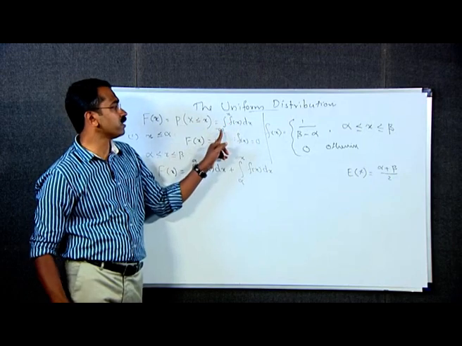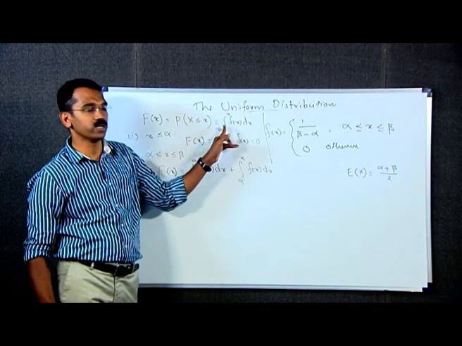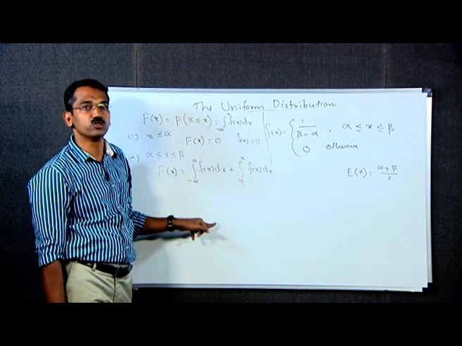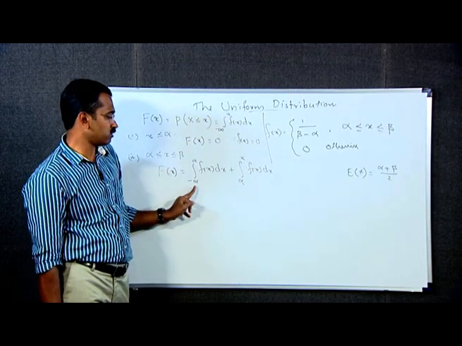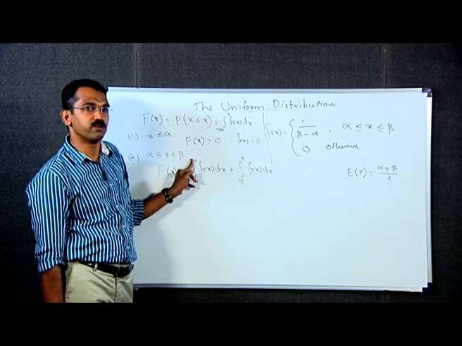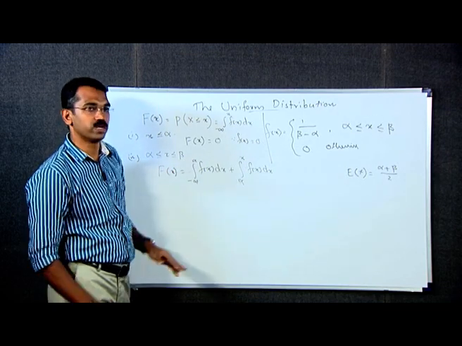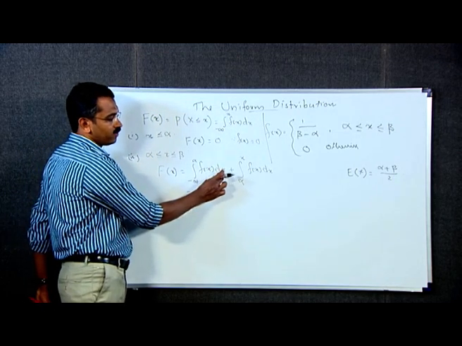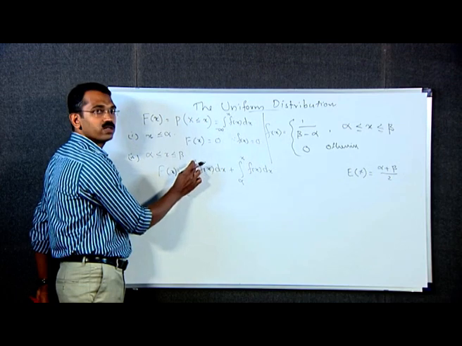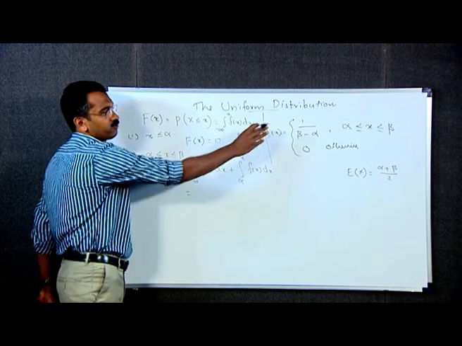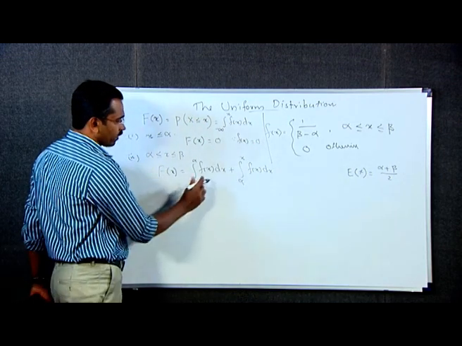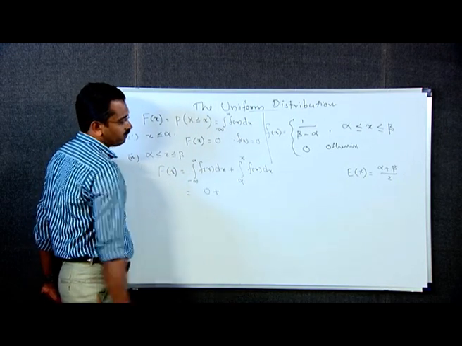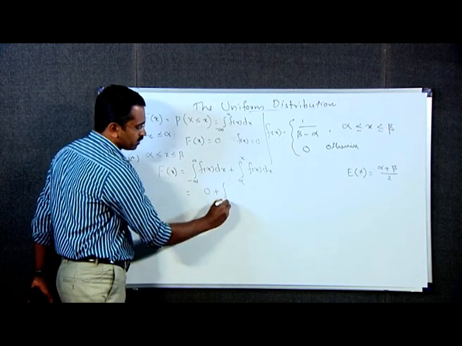This is the definition. The limit is from minus infinity to x. In this case, we can split this limit of integration into two, that is one from minus infinity to alpha and then alpha to x, which is equal to, here x is less than or equal to alpha, in which case the function is defined as 0. Therefore, this term will become 0 plus integral from alpha to x.